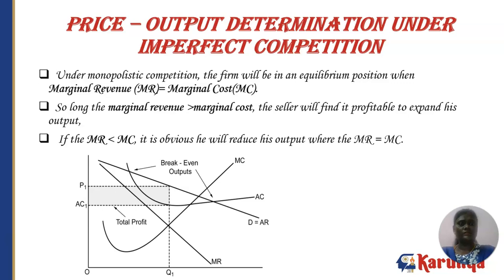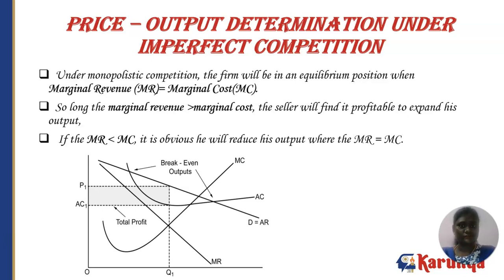So how do we normally determine the price in this imperfect competition of monopolistic market? Because in a monopolistic market, as we saw, we have n number of firms or producers who are producing differentiated products. So how do we determine the price? Under monopolistic competition, the firm will be in equilibrium when marginal revenue is equal to marginal cost.